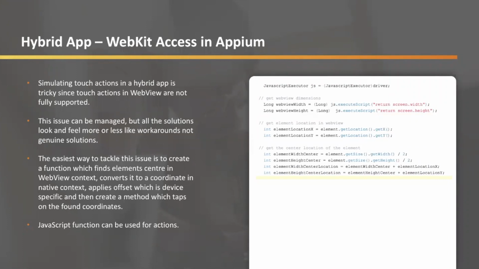In order to perform any touch action on my web element inside the web view, I need the width and height of the web view control. So using code, you will get the width and height of your web view, and then you can calculate the x and y for your expected element, and you can do your desired action, whatever action you would like to perform on the web view element.